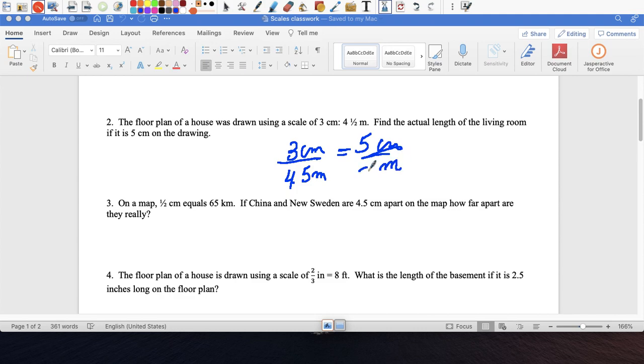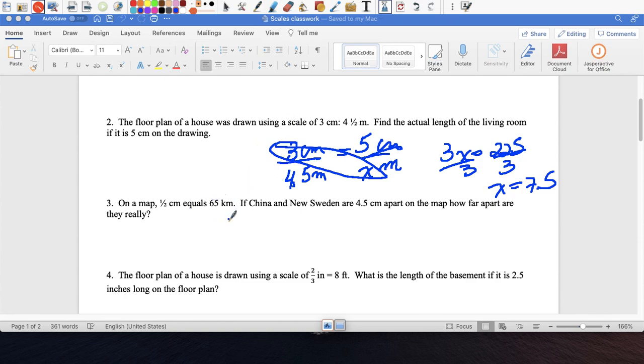You want to know x meters, right? What's 5 centimeters in real life? Well, cross multiply. We get 3x equals 4.5 times 5, which is 22.5. Divide by 3, divide by 3. X equals 7.5.